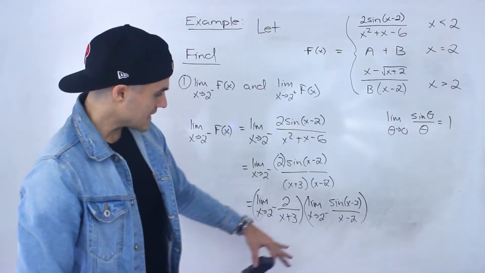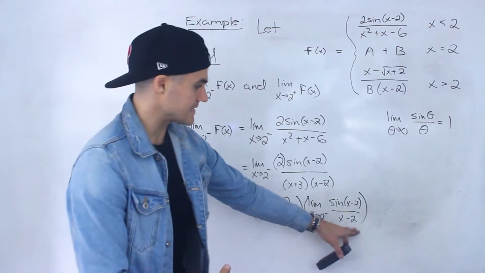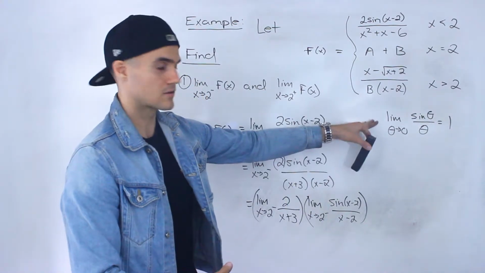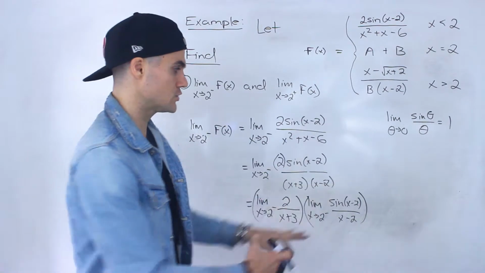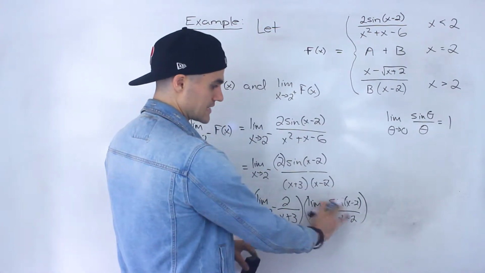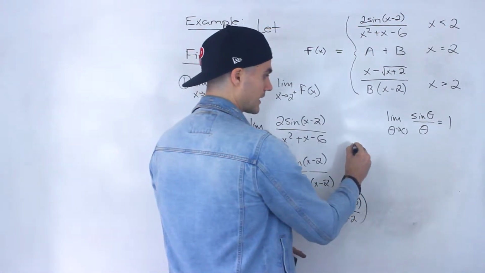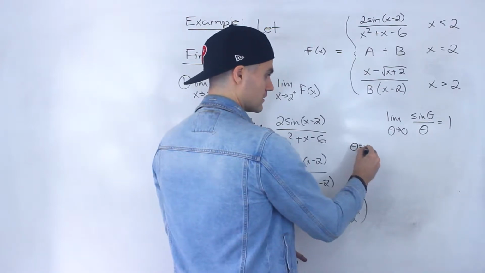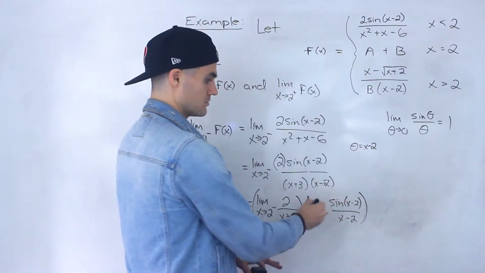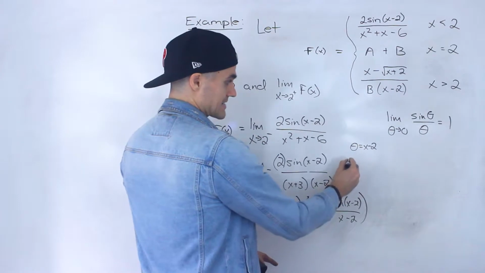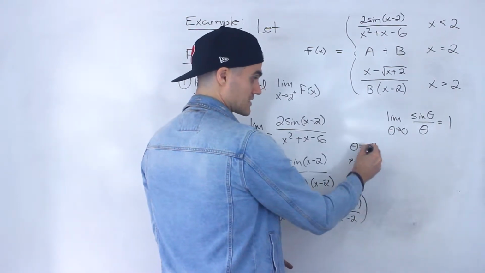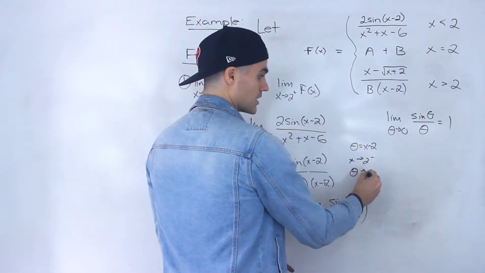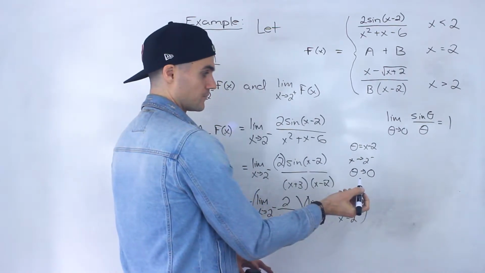Okay, and now notice that because I did that, this here corresponds to this format. We can do a change of variable on this limit. If I take this limit and work with it separately, I can say theta equals x minus 2. And so notice as x is approaching 2 from the negative side, theta is going to be approaching 0.